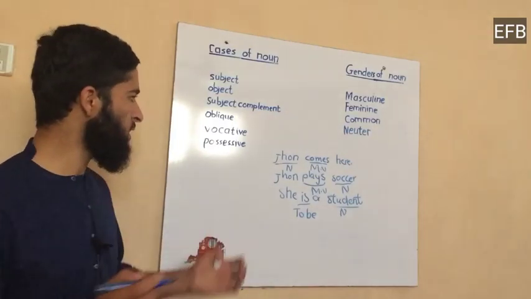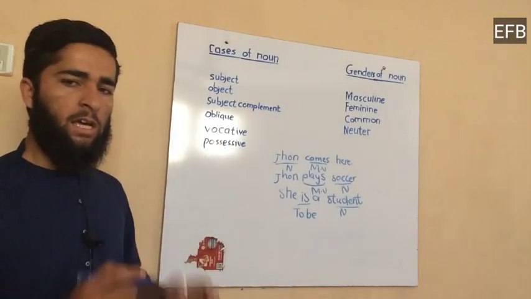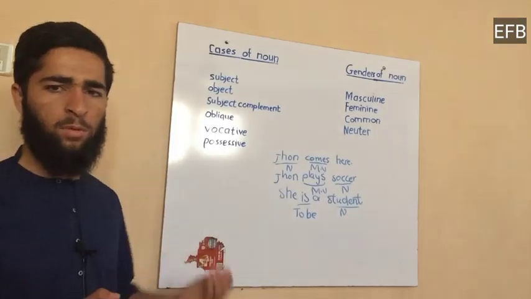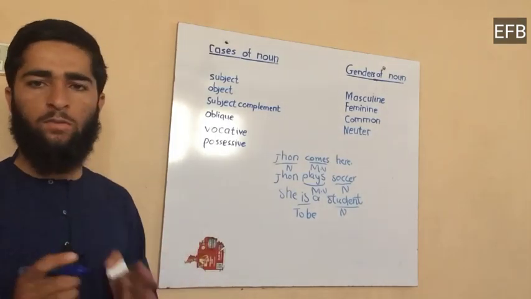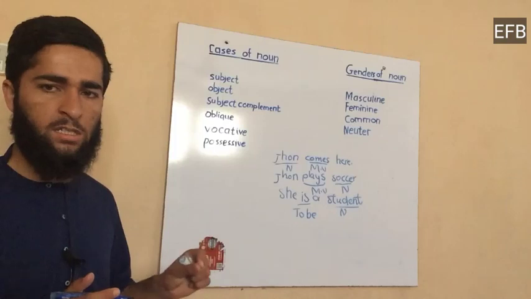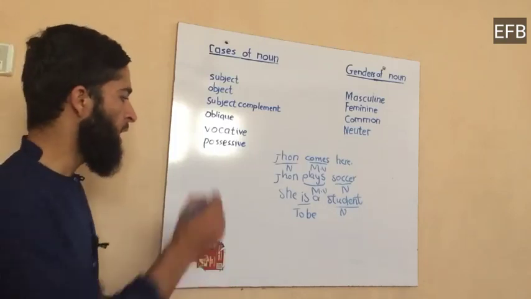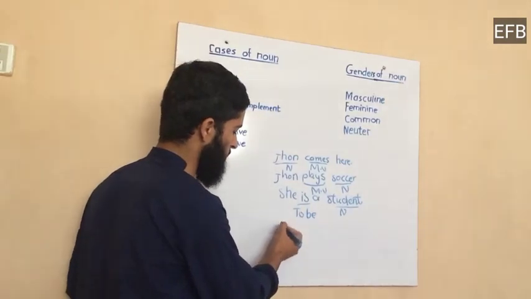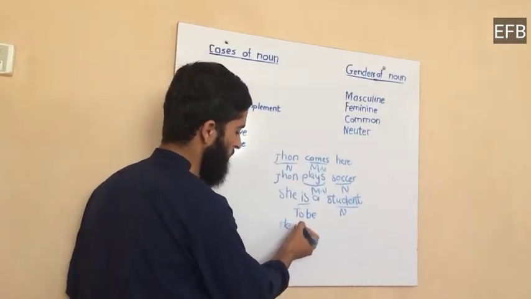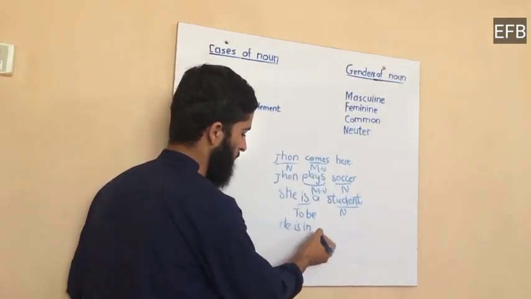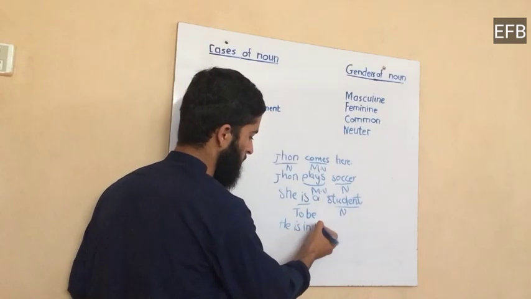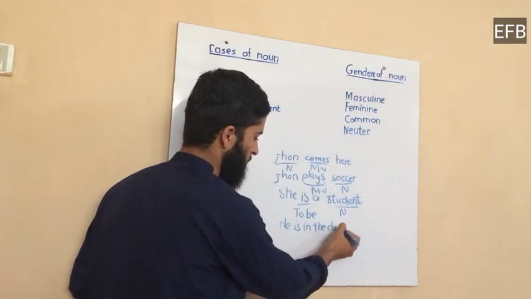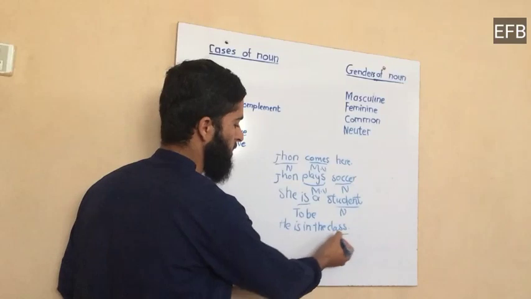So let's talk about the oblique case. Some people call oblique case the object of preposition case, which is the easy name for oblique case. In oblique case the noun comes after a preposition. For example, he is in the class.